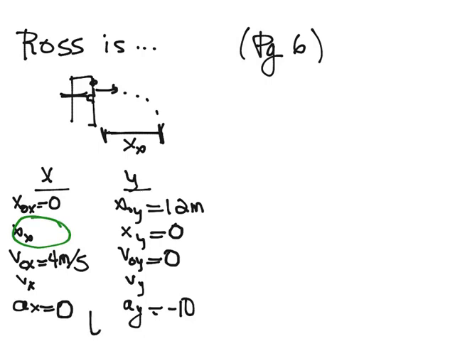Just like last time, I'm going to look at which side gives me more information, and I'm going to use that to solve for t. In this case, I have enough information in the y direction to solve for t because I just have more information there.